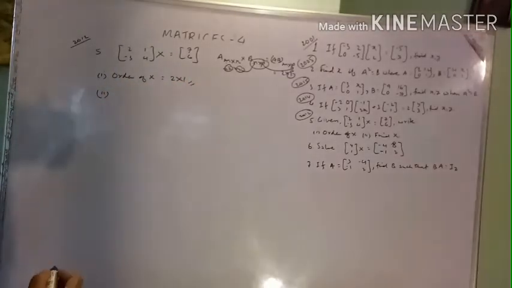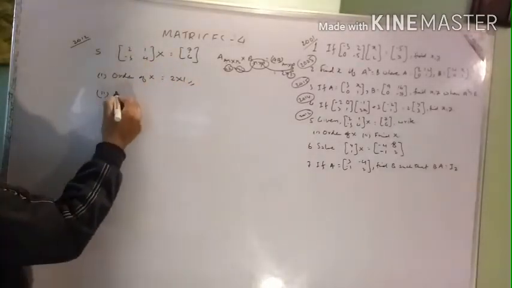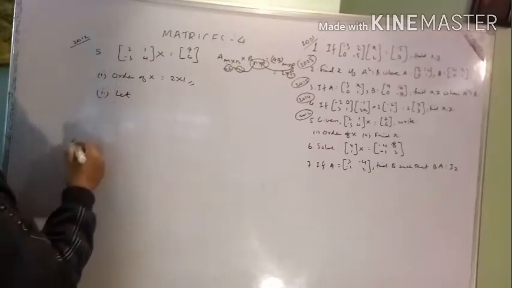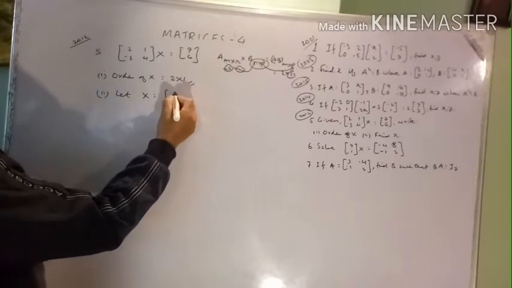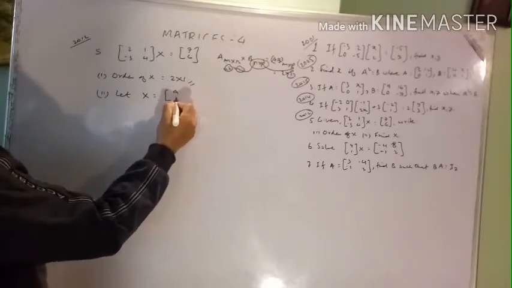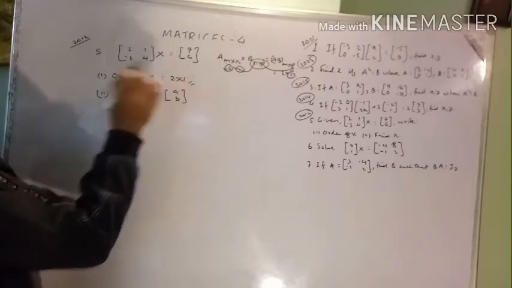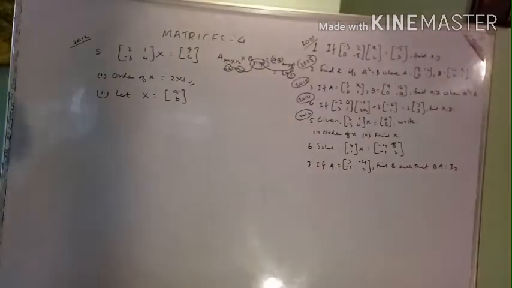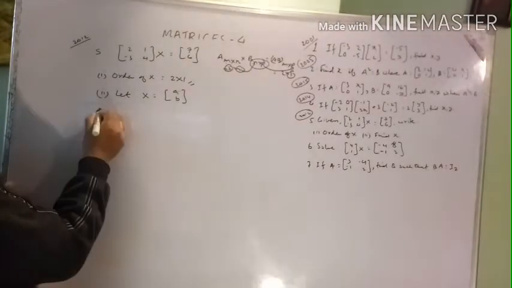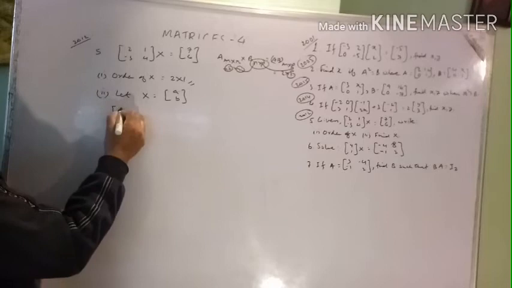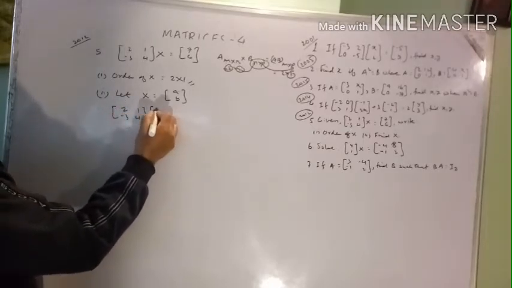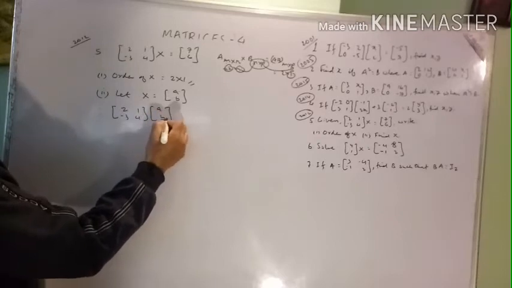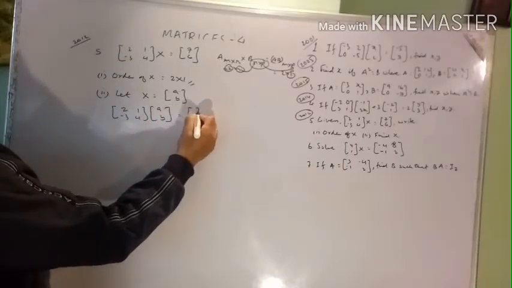Now we have to find X. So to find X, let X be equal to a column matrix with elements A and B, since it has 2 rows and 1 column. So [2, 1; minus 3, 4] into X, where X is the column matrix [A; B], equal to [7; 6].